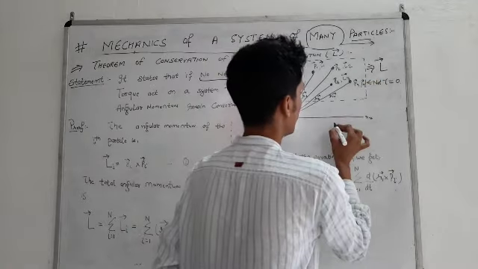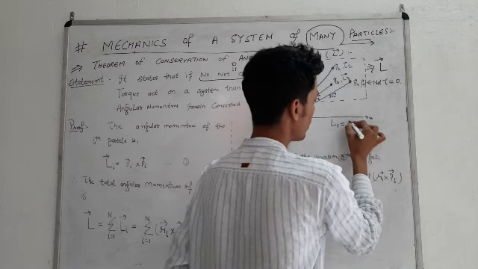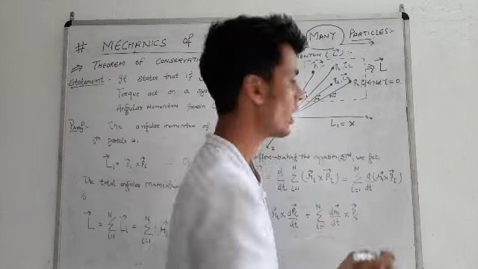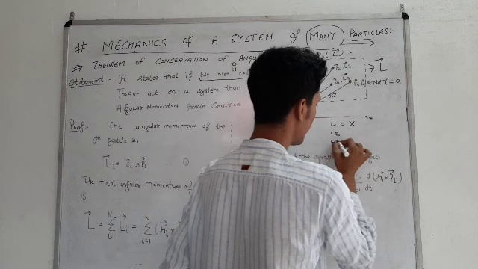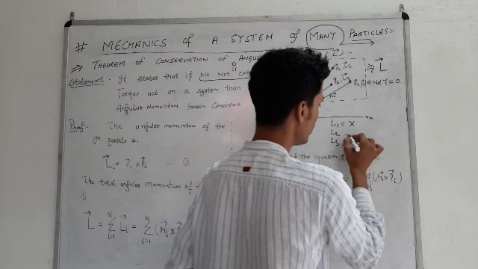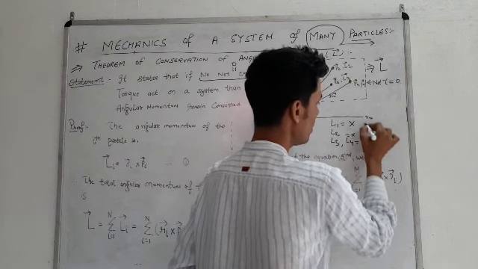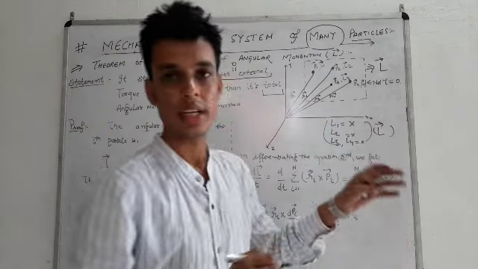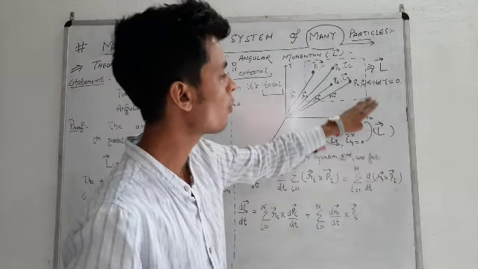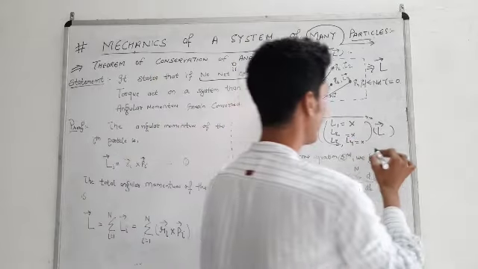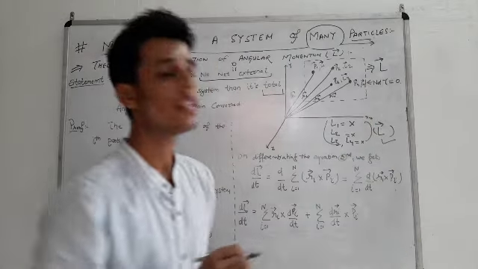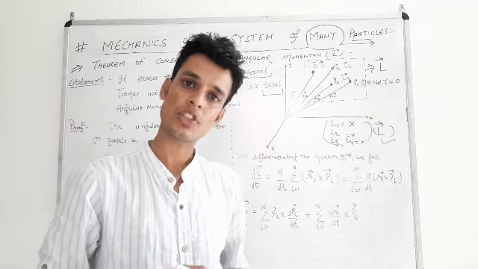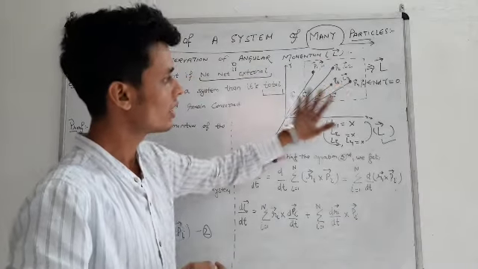What does that mean? L1 could change. L1 is not fixed, L2 is not fixed, L3 is not fixed, similarly L4 is not fixed. But capital L, the total angular momentum of the system, will always be fixed unless we apply an external force on the system.